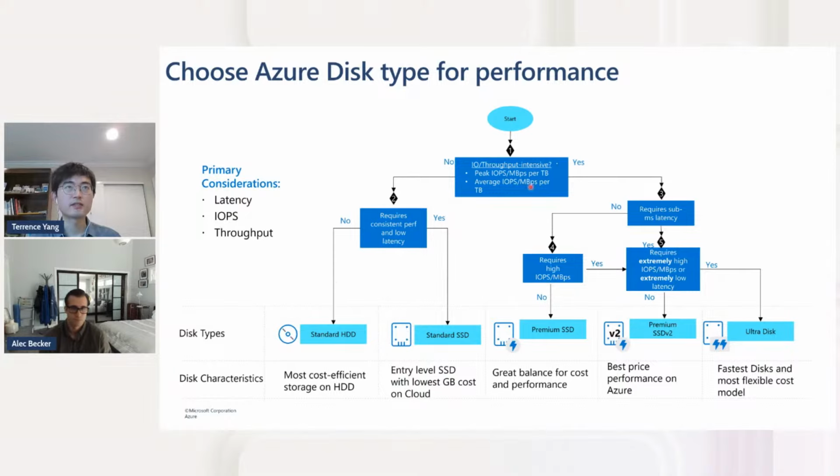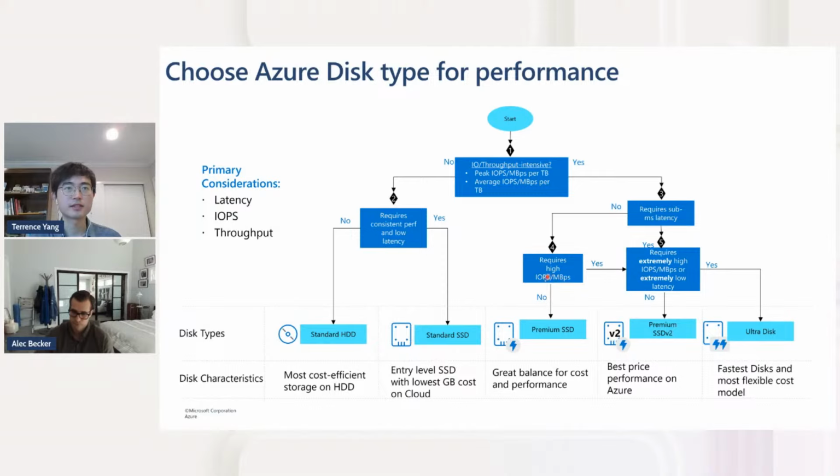In another scenario, if your application is throughput performance intensive, then you go the other way and check if it requires millisecond latency. Latency is also a critical part separating premium SSD from other disks. If it doesn't require sub-millisecond latency, also double check if it requires high IOPS and Mbps.